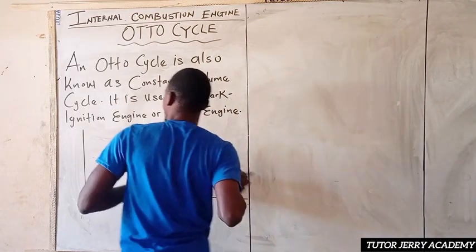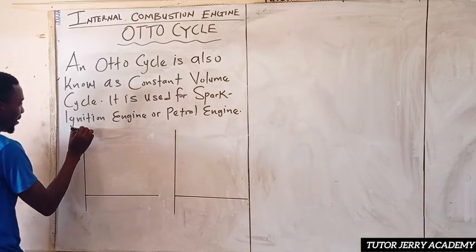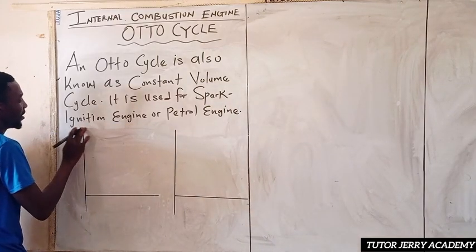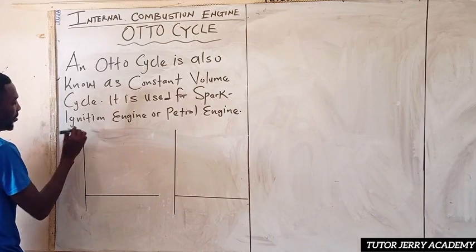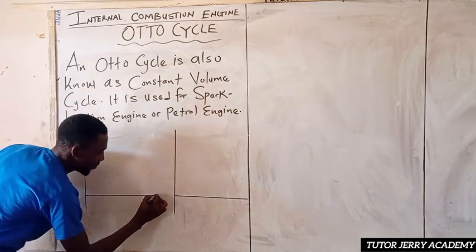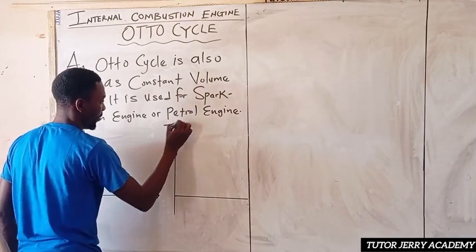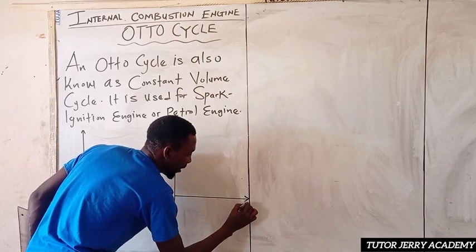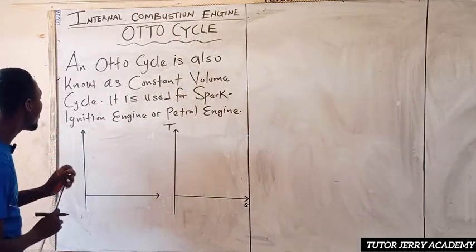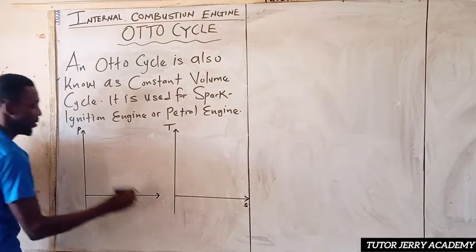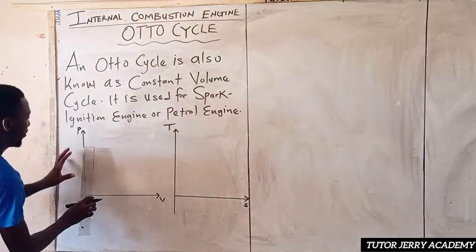So here we are going to have P here. I love drawing this side by side. This is T, this is our S. So we have P here, we have V here.